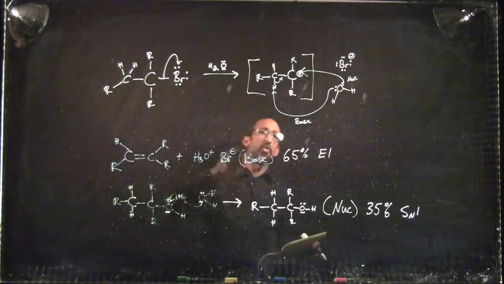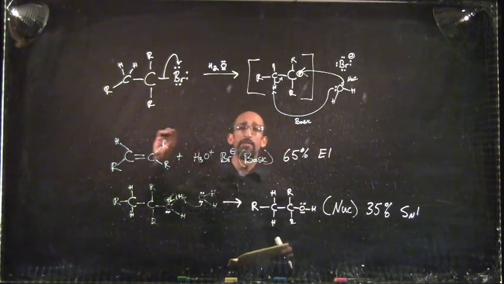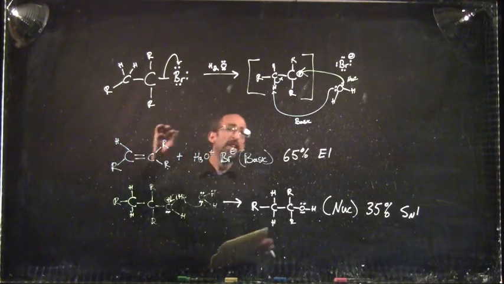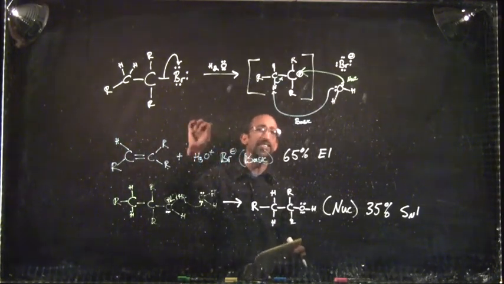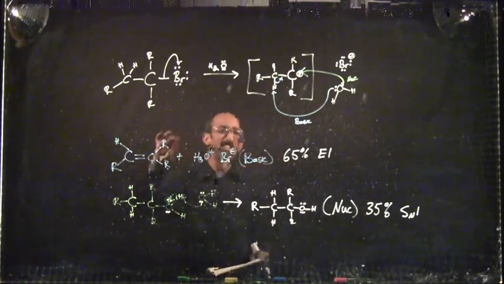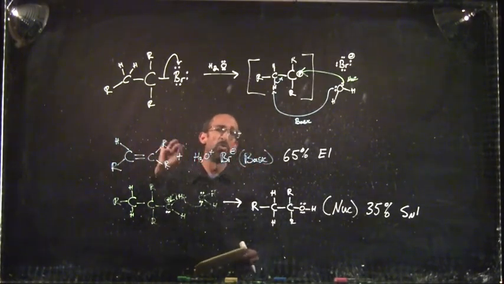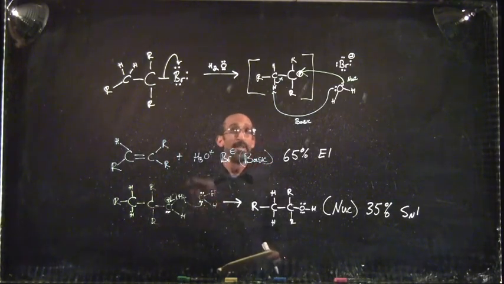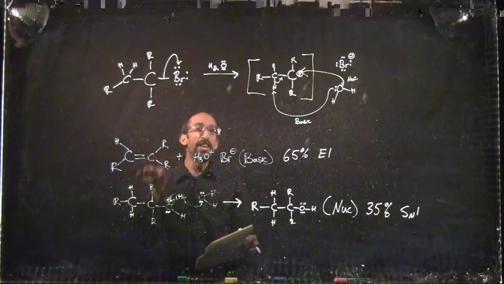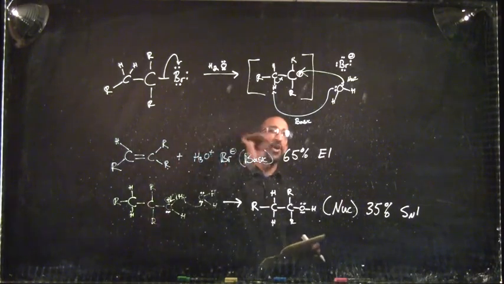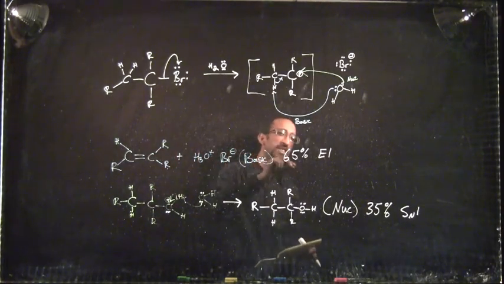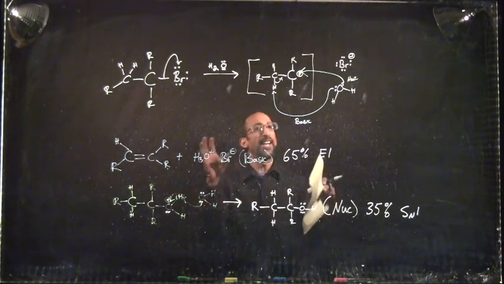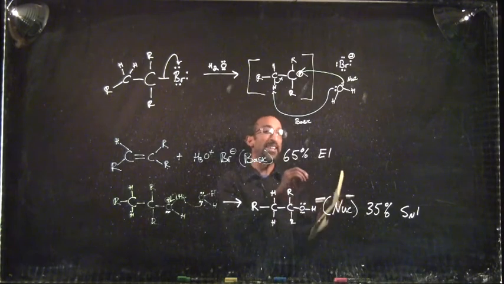The way that we get around that when we're trying to do an elimination on an alcohol or on a sulfonate ester, right? The way that we can reduce that SN1 process to being practically negligible, right? We don't even consider it really being something that goes on, is by applying heat to our reaction, okay? So when you see heat in a situation that could go either E1 or SN1, right? When we have those conditions that it's possible, it's likely to be E1, but it's possible to be SN1.